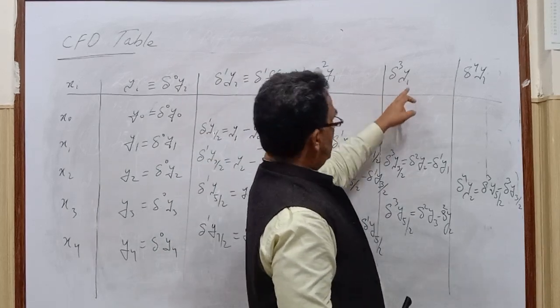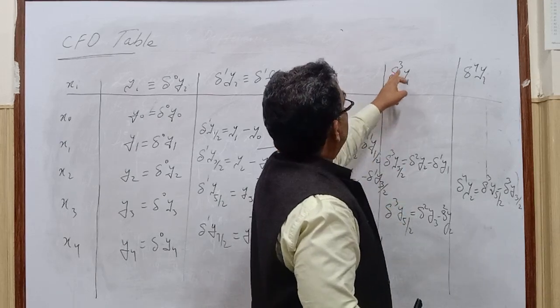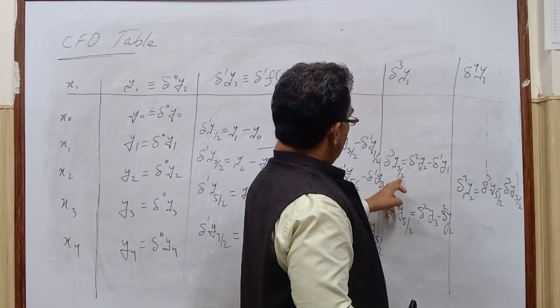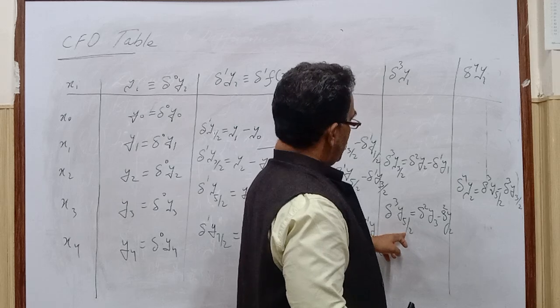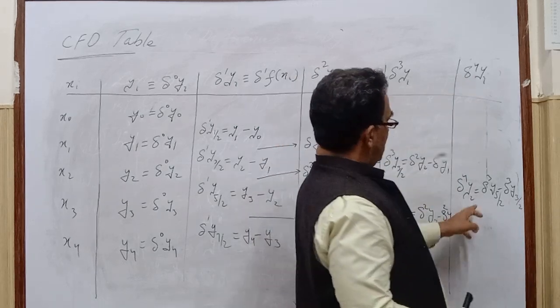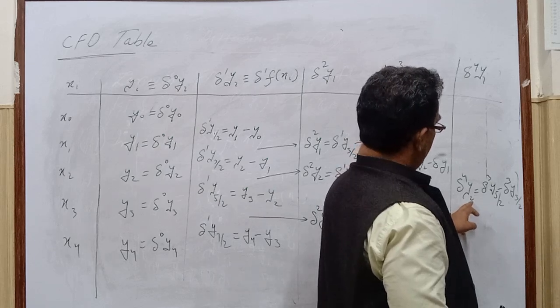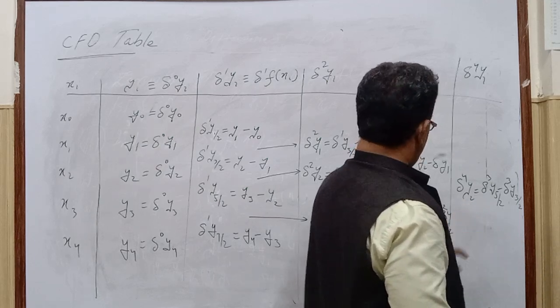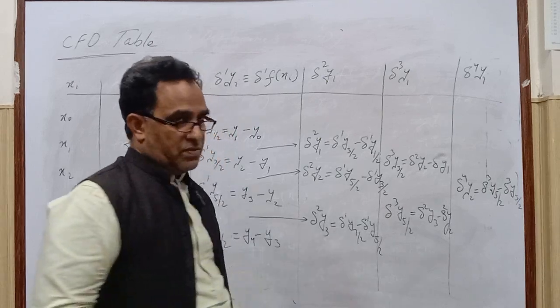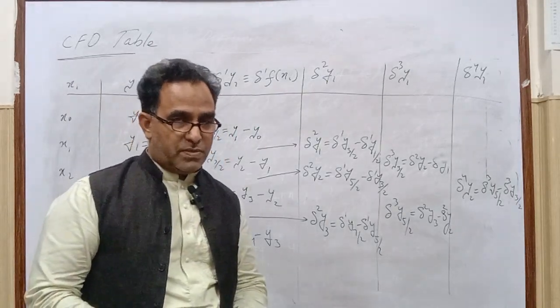You can look at delta 3 yi, it involves the fractional index values over here, and the fourth level again involves the suffix value 2, meaning the index value is 2 here. So this is the CFD table, the central finite difference table.